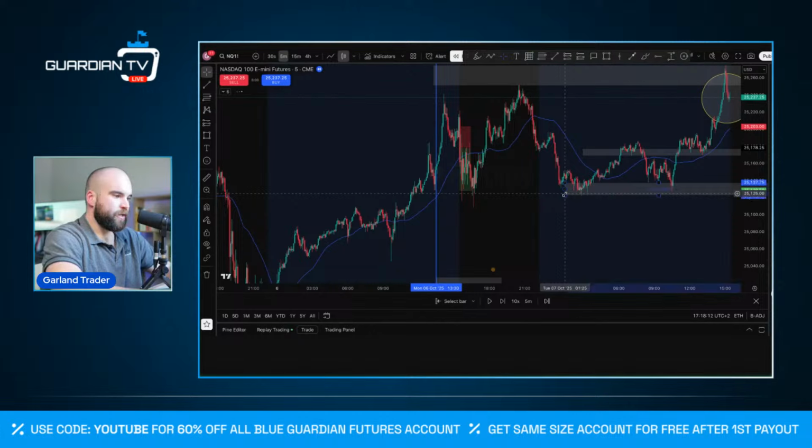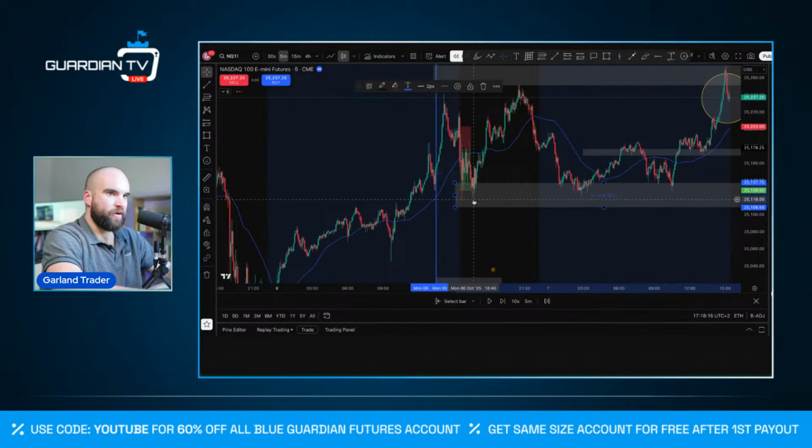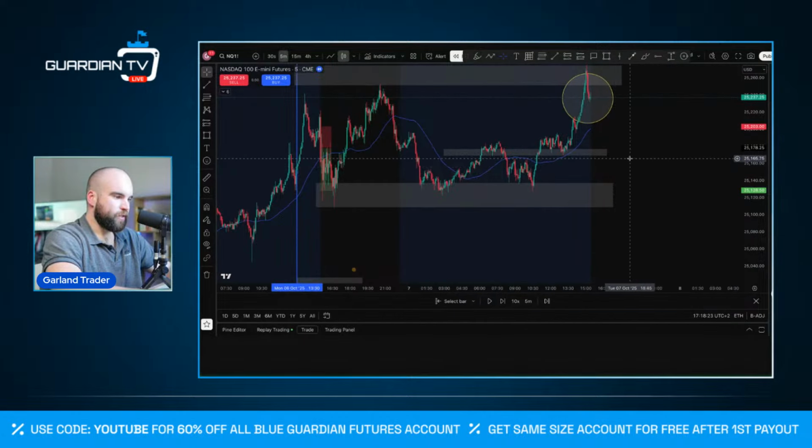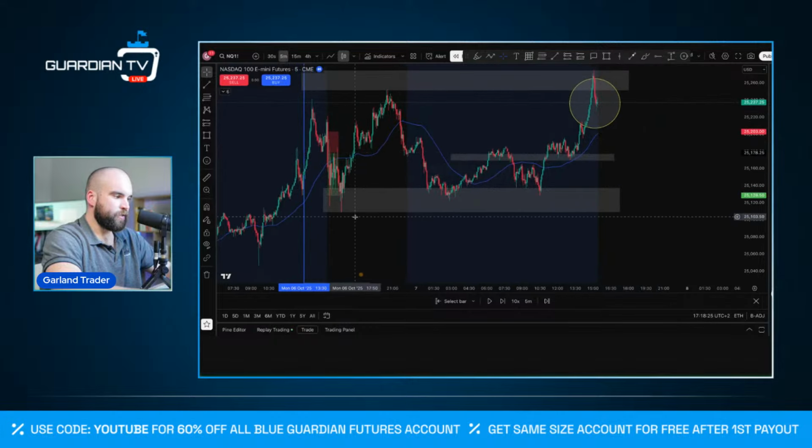If we then extend it even more to the left, we can see we now have this full zone, okay? So it is quite a strong zone, right? We extend it even more to the left, and that's essentially what we get.